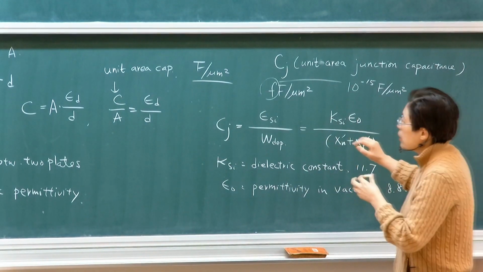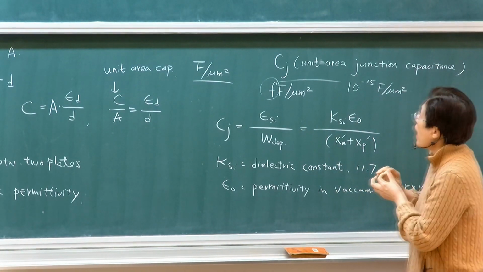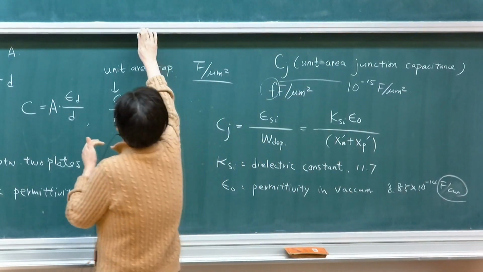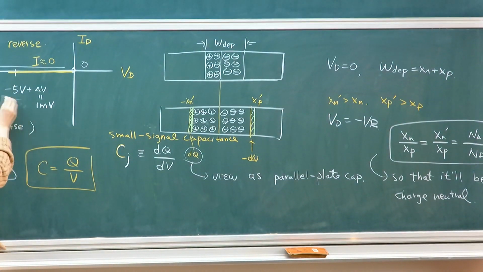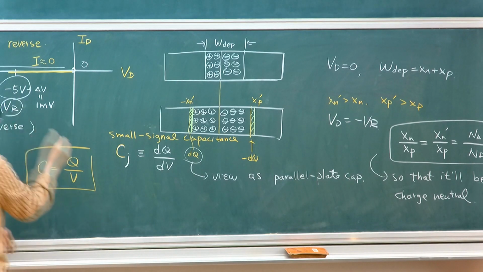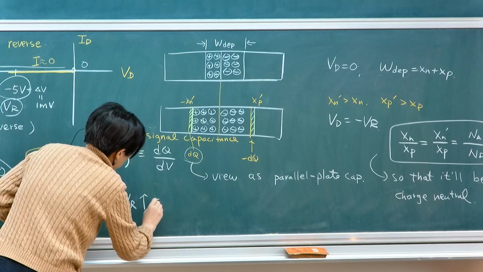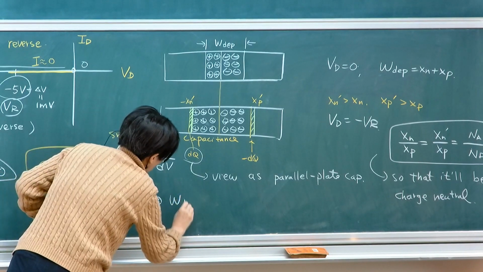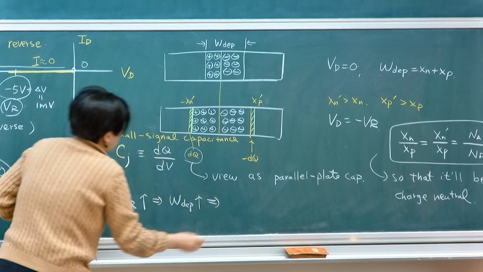So what we found is an observation that as we increase our bias, so this is my biasing point, remember this is the VR. If VR increases, the depletion width will increase.